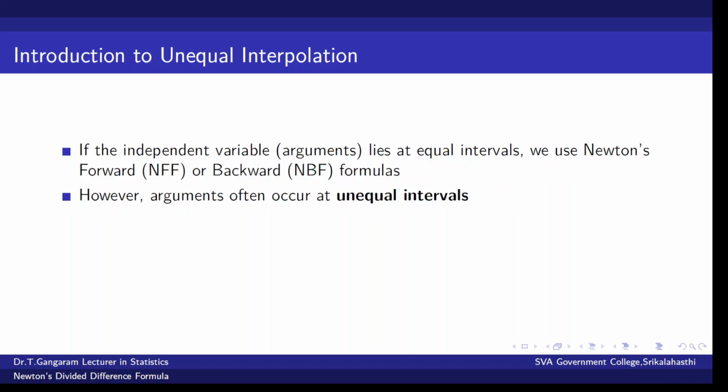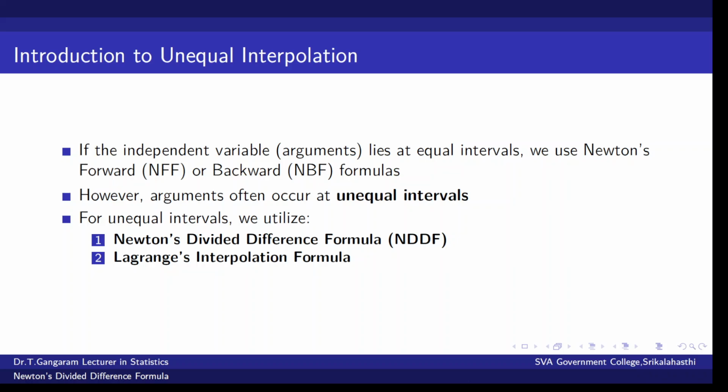However, arguments often occur at unequal intervals. In these situations, for unequal intervals, we utilize two formulae for interpolating the given values. The first one is Newton's divided difference formula, NDDF, and the second is Lagrange's interpolation formula.